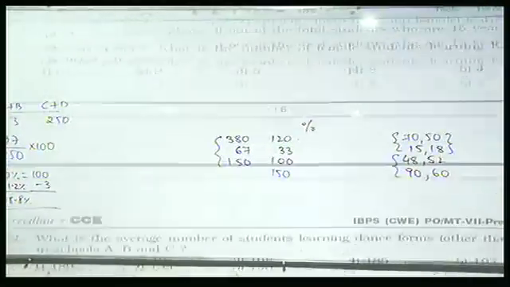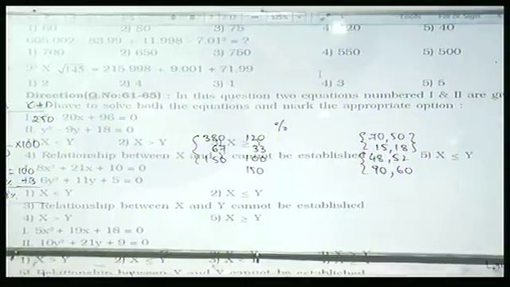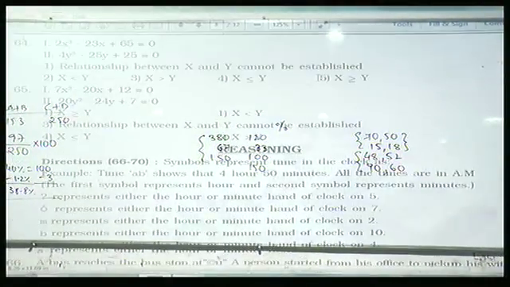Next, 61 to 65, quadratic. Any particular question? Any particular question?